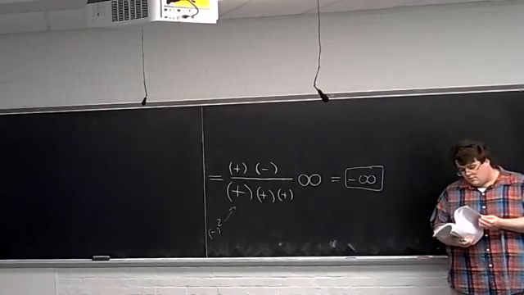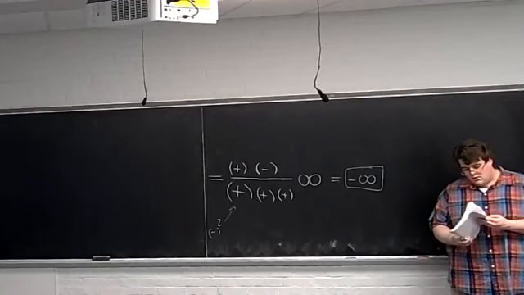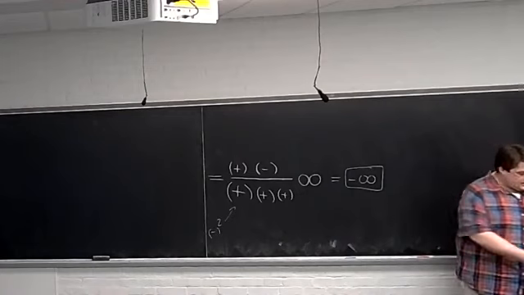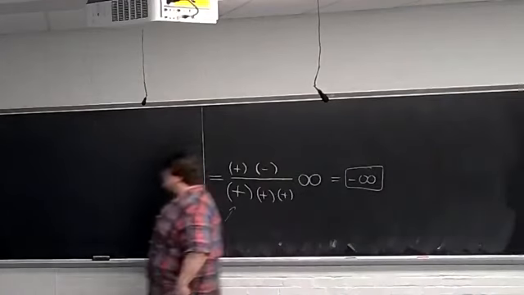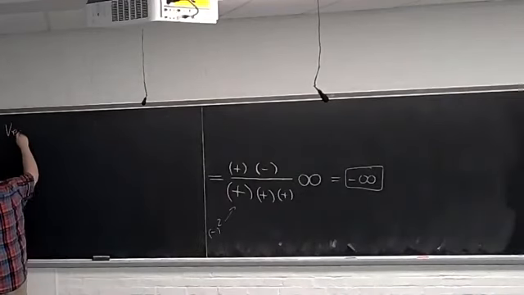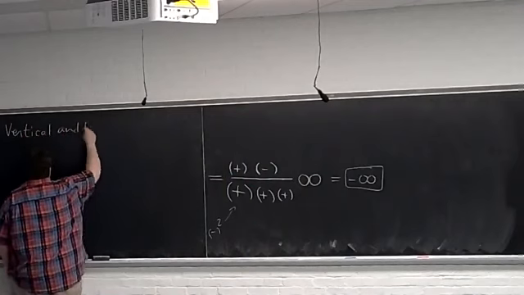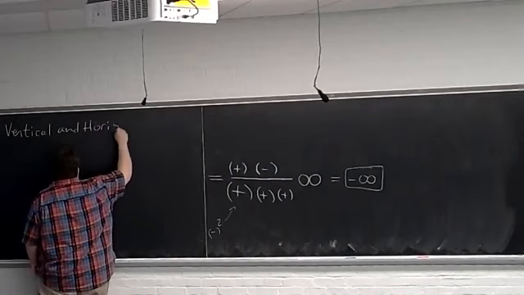Can't find where I wrote vertical asymptotes in my notes. This is a definition. Let's define vertical and horizontal asymptotes.